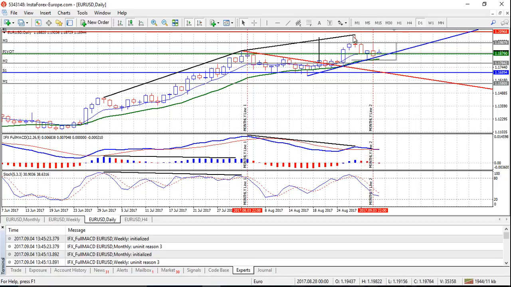So I'm still waiting. You can see today's date. Each of these candles takes 24 hours to form because we are on the daily chart. So this candle here was yesterday. You can see this next candle here, which is today's candle.